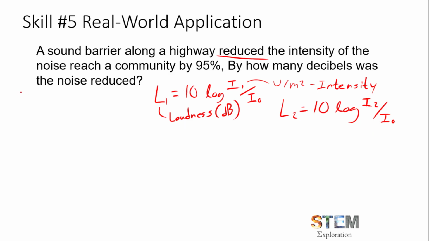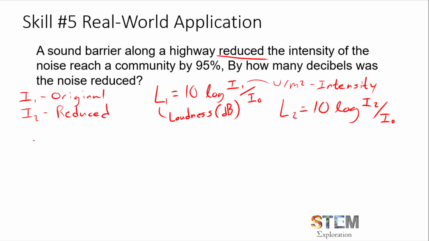Let's say I1 is the original intensity and I2 is the reduced intensity. If we want to figure out how many decibels is the target, it's hard to measure intensity directly, but we can take a decibel reader and figure out how many decibels we want to reduce something by.